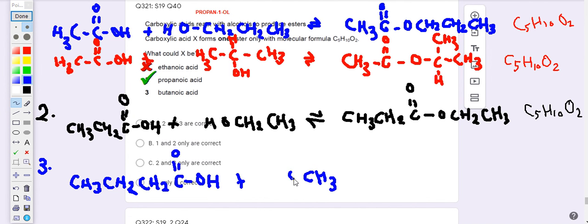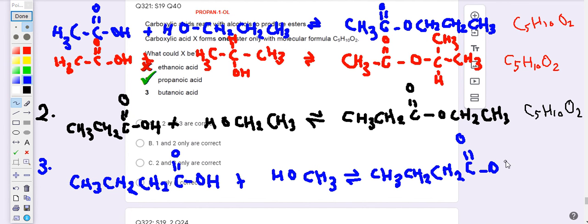So the only alcohol that we can use here is methanol. And we will get a 5 carbon ester with the formula CH3, CH2, CH2, COO, CH3.